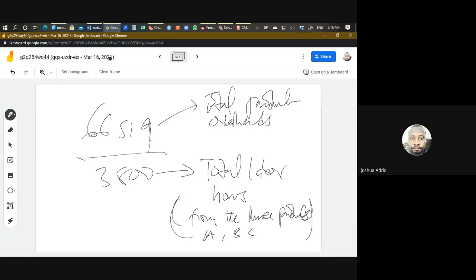Okay, this figure normally is a budgeted figure. The total production overhead is a budgeted figure, and this is the reason. Over the course of the accounting period, we normally do final accounts for an organization on a yearly basis. So in the course of the whole year, overheads will continue to be incurred from one point to another.